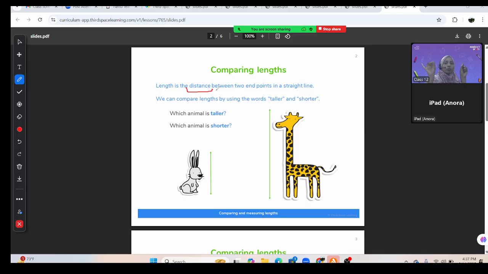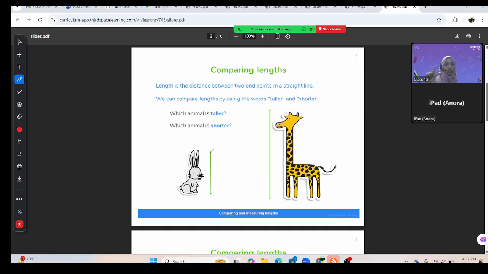Distance between any two points, between any two places. For example, the distance between your home and school. That's length, right? Or the distance between any two places, any two points, like this rabbit. How long is it?